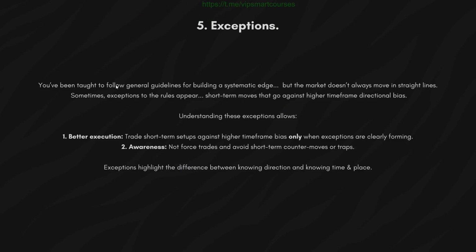Now today is Friday, and even though the bias is bullish, the drawn liquidity is higher, and we have a bullish context on the 4 hour, what usually happens is that you try to take a bullish trade off of that 4 hour context, you lose that trade, and price goes against the higher time frame bias and makes a counter short-term move on Friday. That's an example of an exception where the market goes against the higher time frame bias.